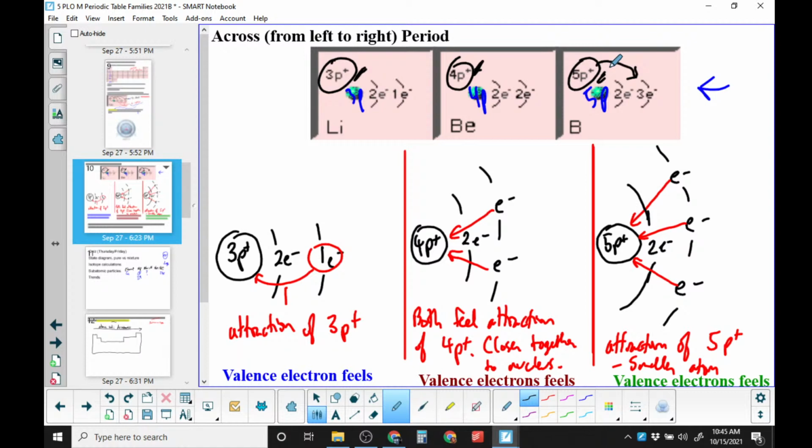And most of the atom is empty space. If the nucleus gets bigger, does the atom get bigger? No, because the nucleus is a tiny little part of it. So what really matters is what the electrons are doing. The electrons have more positive charge attracting them, so they get smaller. No, the volume they're taking up gets smaller.